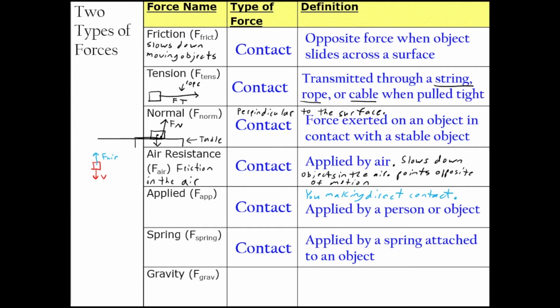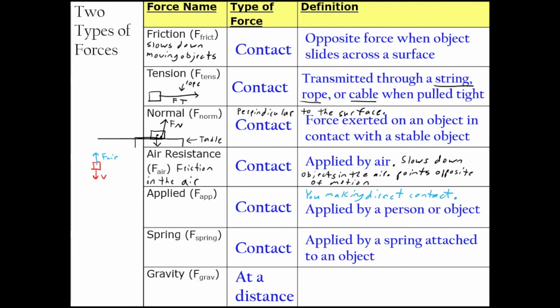Our last force, and this is the most important one, is going to be gravity. And gravity is the only force on our list that's going to act at a distance. And what we mean by acting at a distance is that gravity does not have to be touching an object in order for it to occur. So think about that, right? If I were to throw a ball up in the air, well, the ball comes back down.